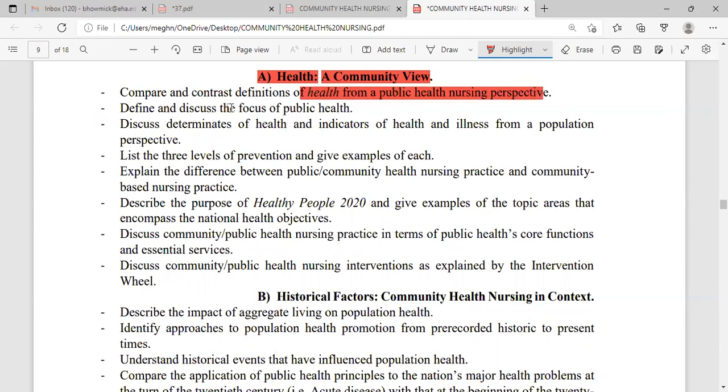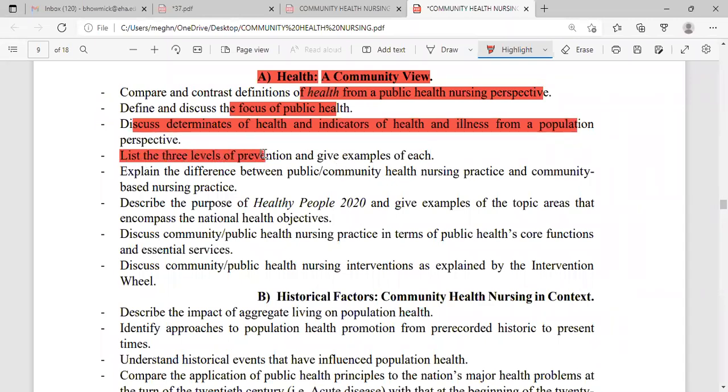Define and discuss the focus of public health, and discuss the determinants of health and indicators of health and illness from population. List the 3 levels of prevention and give an example of each. Explain the difference between public and community health nursing practice and community-based nursing practice.